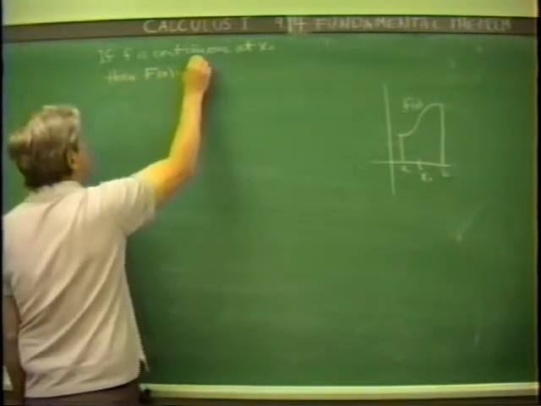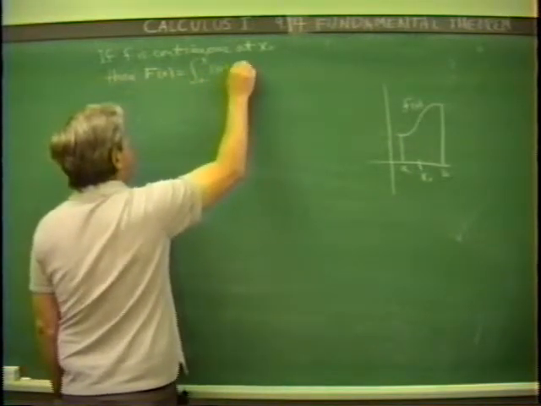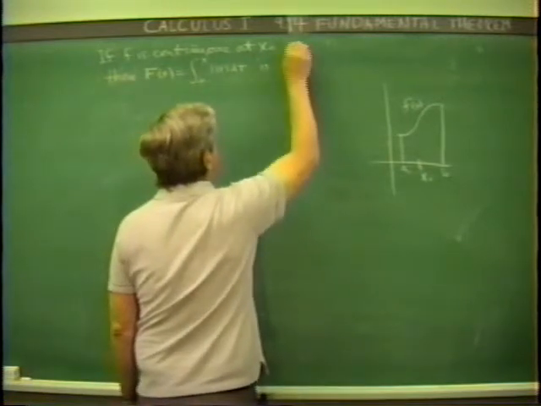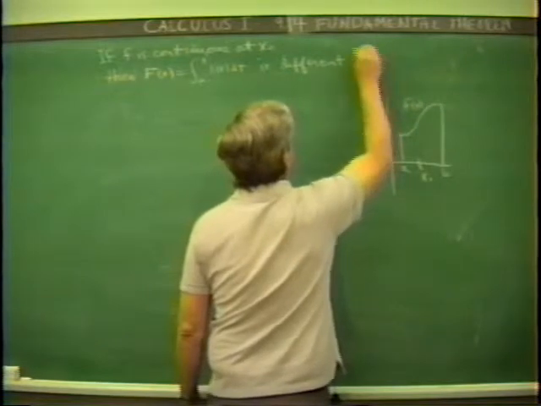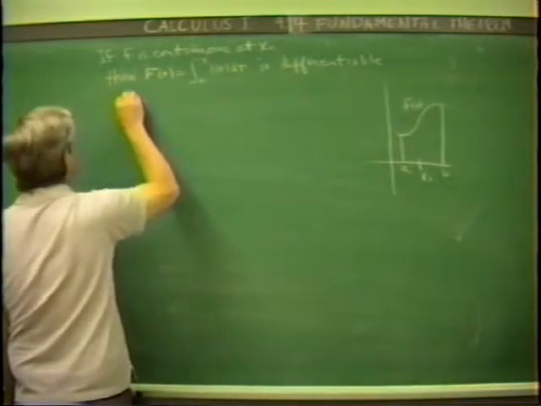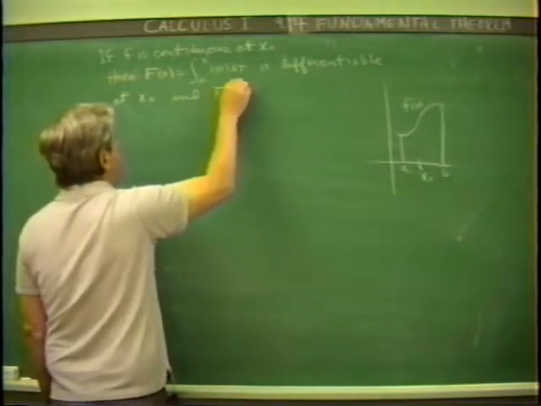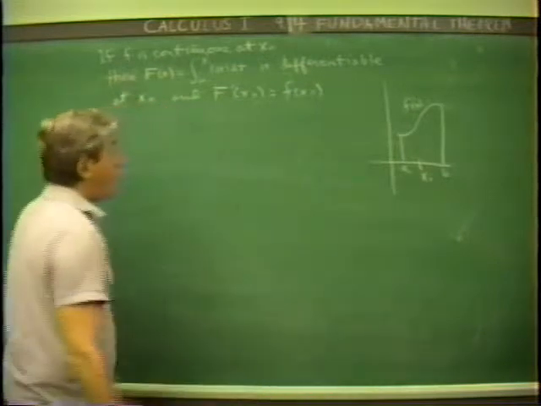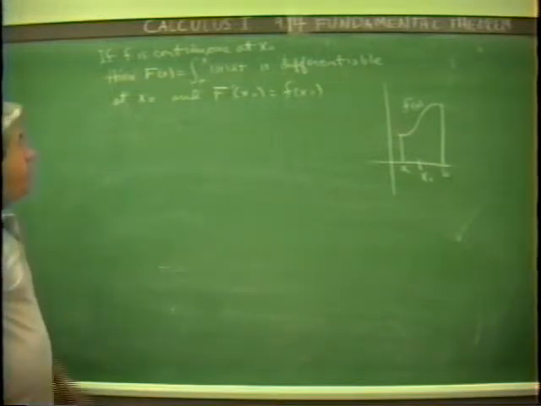And what we wish to do is to show that then capital F of x, the integral from a to x of f of t with respect to t, is differentiable at x naught, and the derivative of capital F at x naught is little f at x naught.